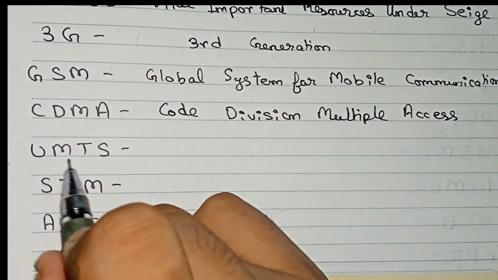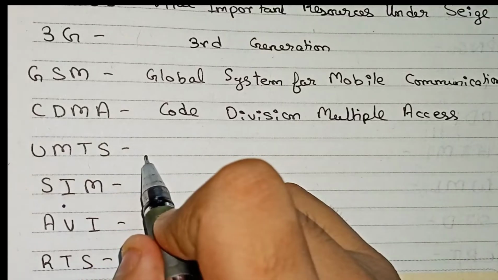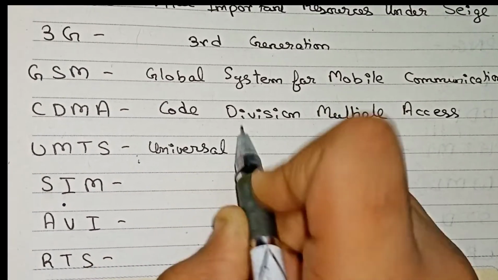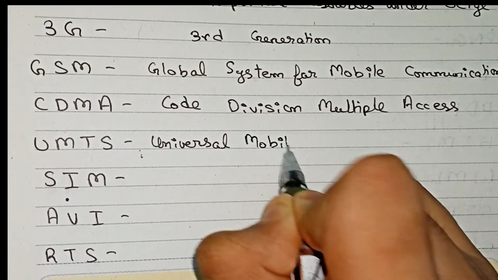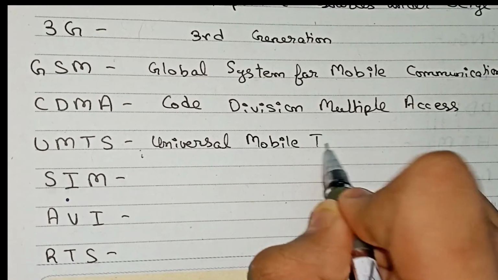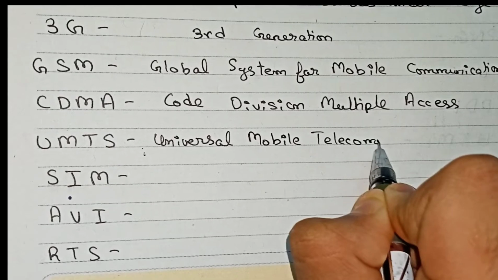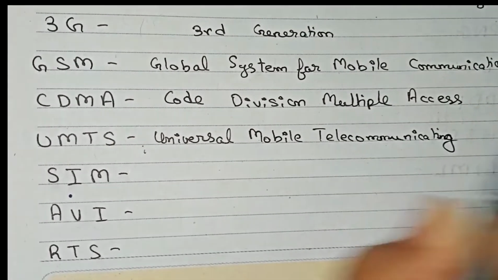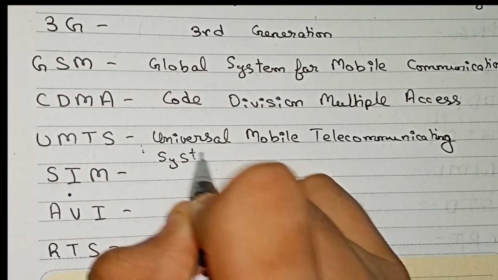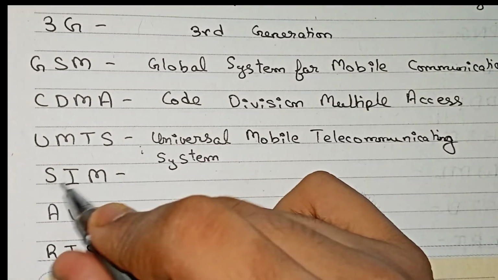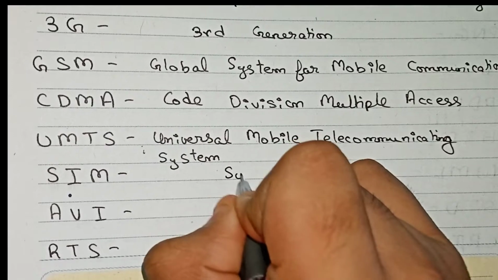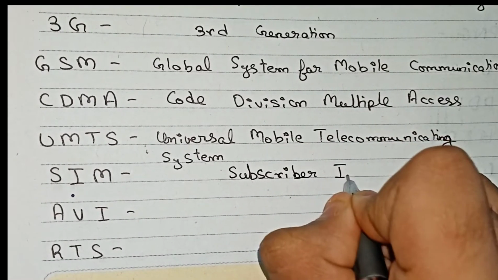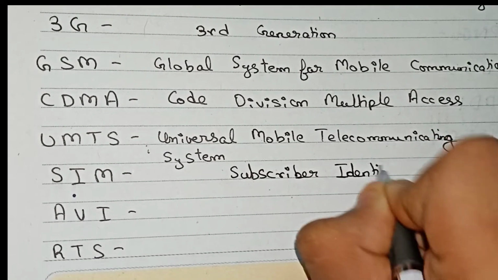Next is UMTS, that is Universal Mobile Telecommunicating System. Next is SIM, that is Subscriber Identity Module.